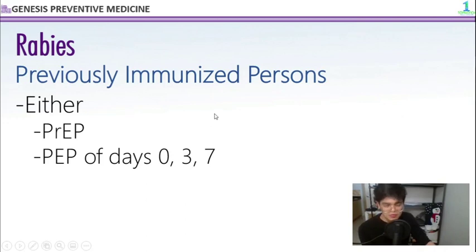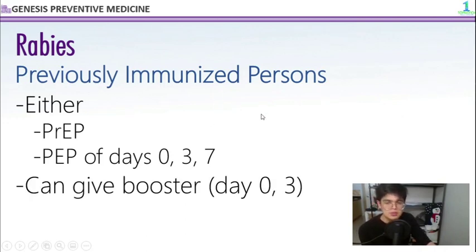So what is the privilege of being a previously immunized person? You can give a booster shot for a day 0, day 3 schedule whenever an exposure occurs, or whenever you're bitten by a dog. Instead of undergoing the full regimen, receiving the RIG, you can just receive a day 0 and day 3 booster shot, and that's good as full immunization.